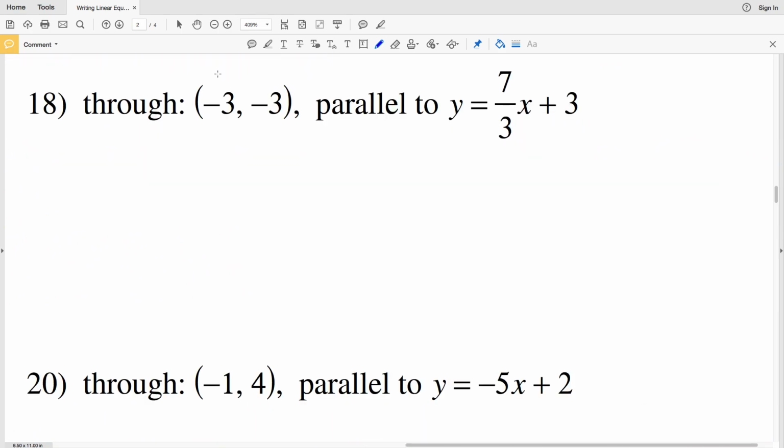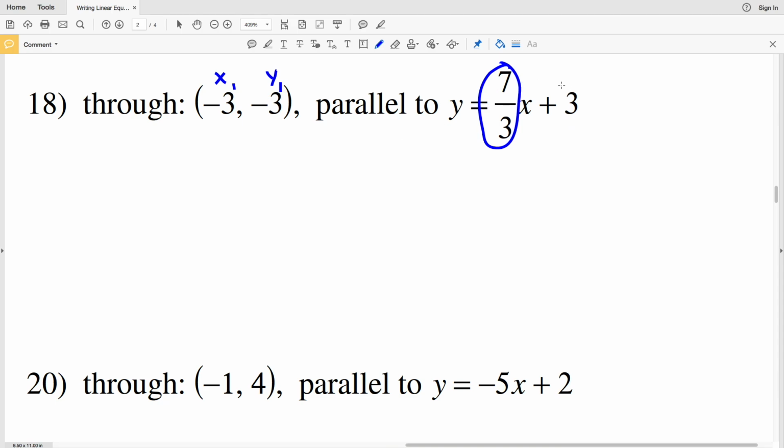In number 18, we have our x1, y1, and we also know that our new equation is going to be parallel to y equals 7/3 x plus 3, which is in the form of y equals mx plus b, so slope-intercept form, where our m is 7/3. In order for an equation to be parallel to another equation, they have to have the same slope.